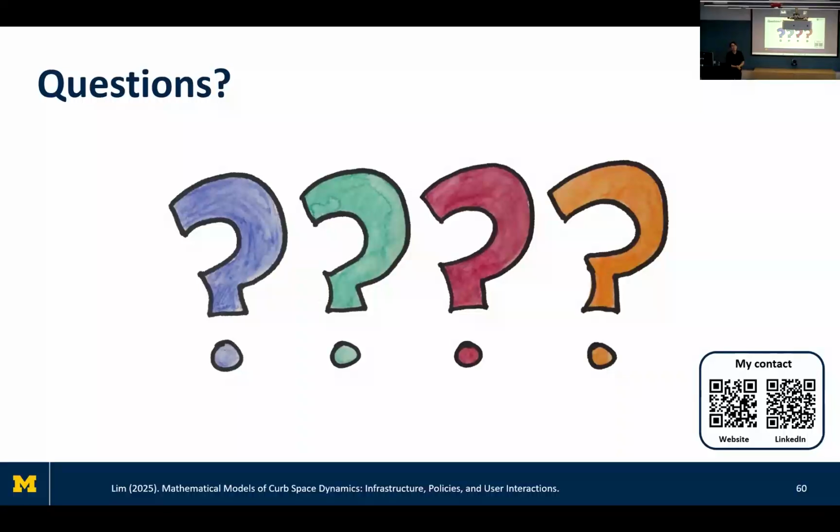So I think that is a very challenging social-technical problem, not just mathematical, because we have to know how people perceive those different pricing or different policies on a vast list of criteria.